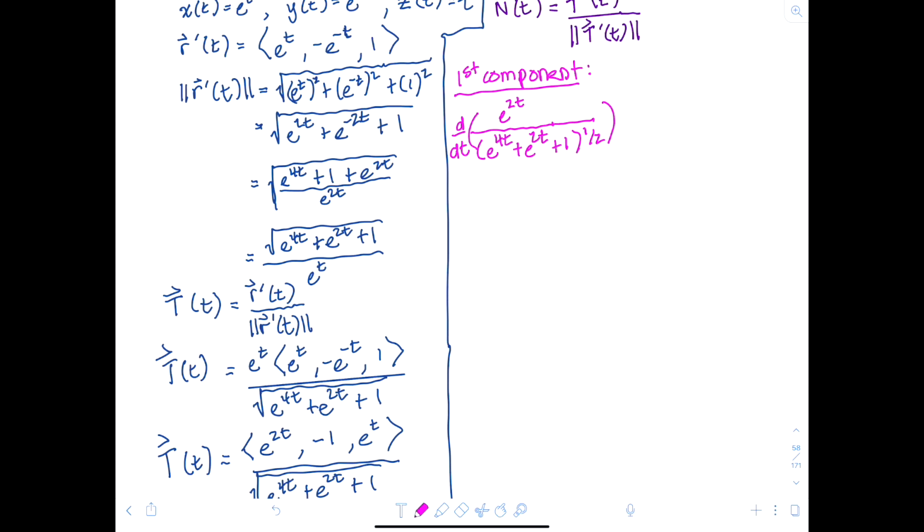So I'll go ahead and use the quotient rule.